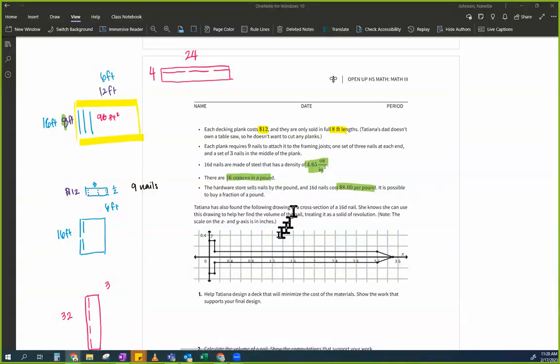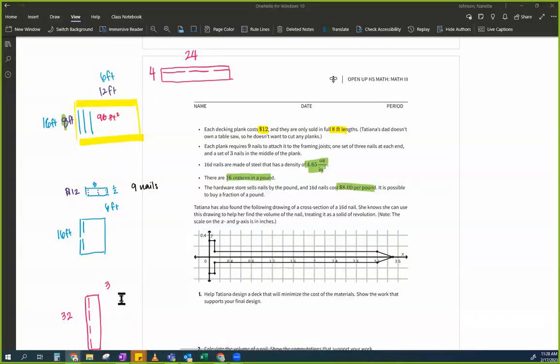So that is done. So our task is to help Tatiana design a deck that will minimize the cost of the materials. Show the work that supports your final design. So minimizing the cost, what is the same in all of these?